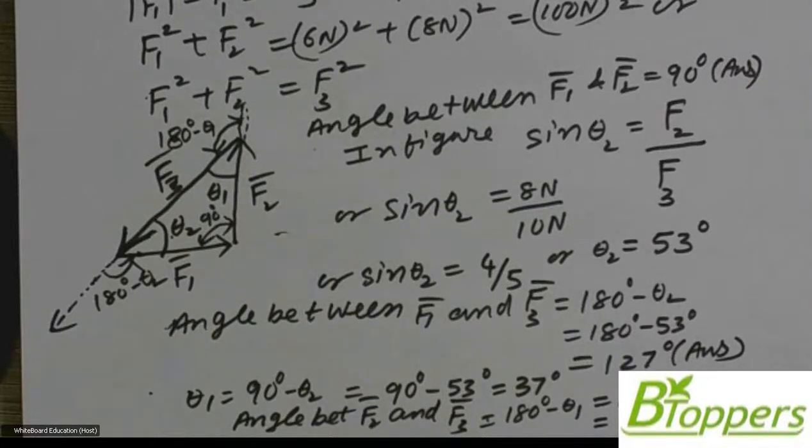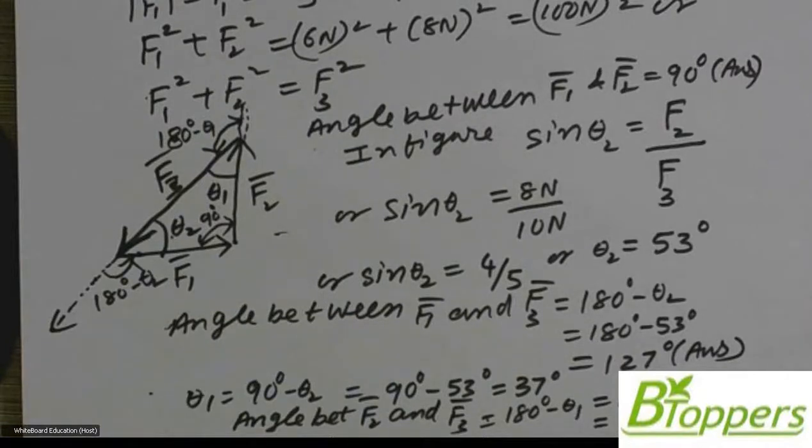Of course, this method can be followed only when the given three forces form a right angle triangle. That means this method can be followed only when the three forces satisfy the condition of Pythagoras theorem, form a right angle triangle.